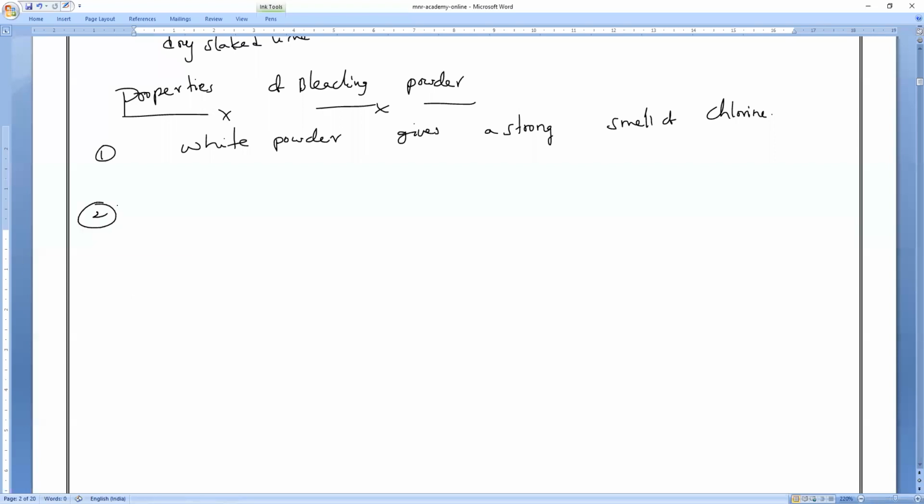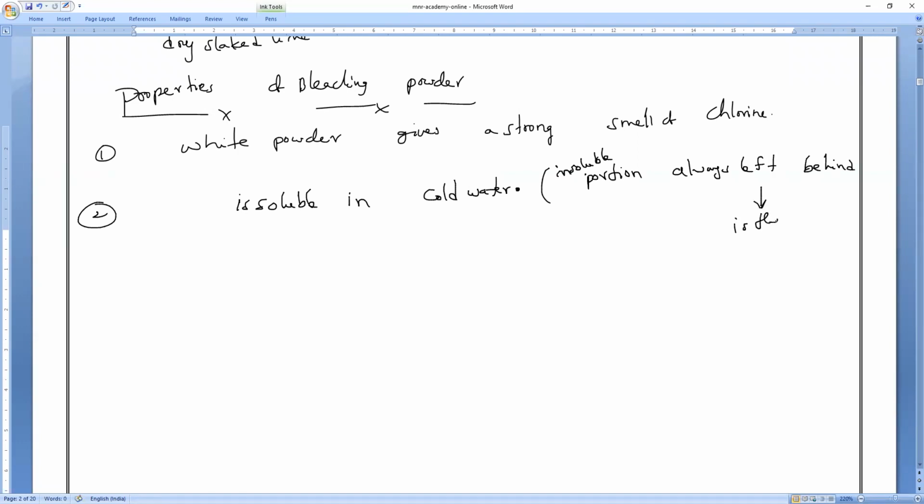Next, second one: it is soluble in water, in cold water, or normally you can say water. But in cold water, something is always left behind, an insoluble portion. That insoluble portion left behind is what we call the lime present in it.